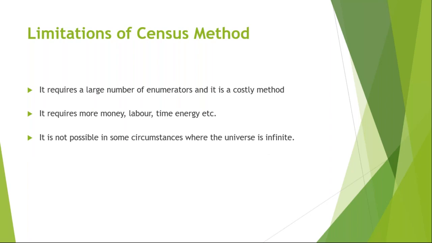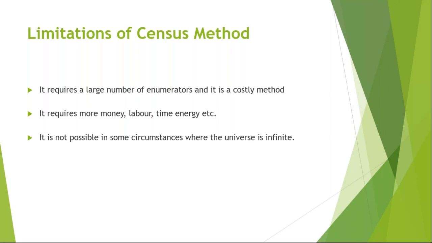Then what are the limitations of the census method? It requires a large number of enumerators, and it is a costly method. How many persons are you going to employ? We're dealing with 1,000 families, and maybe you have limited time to collect such information.